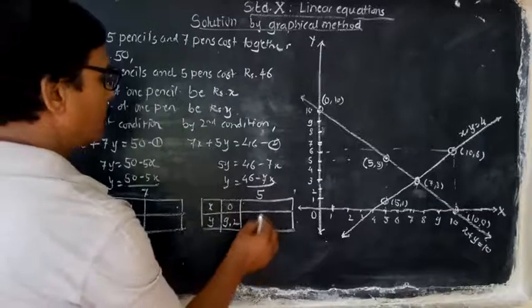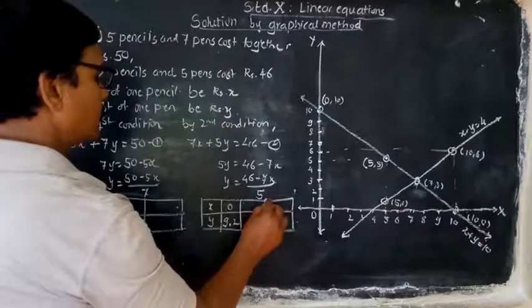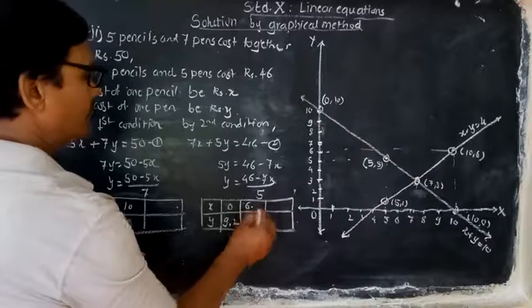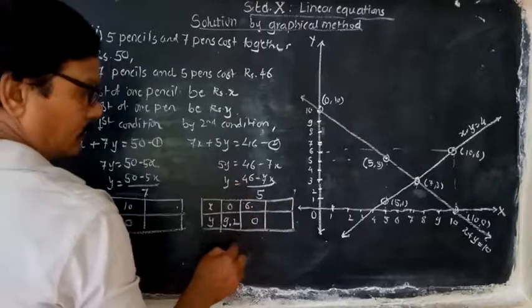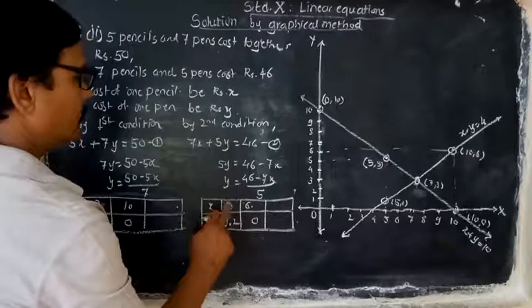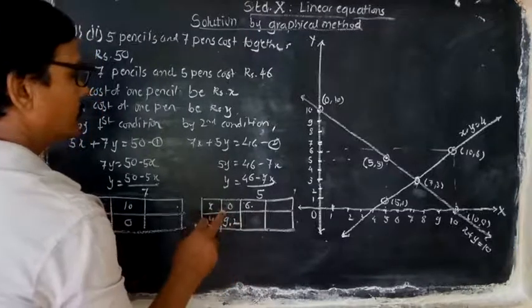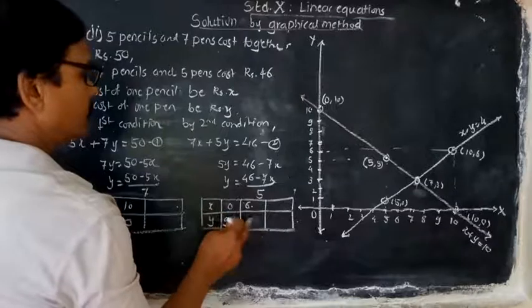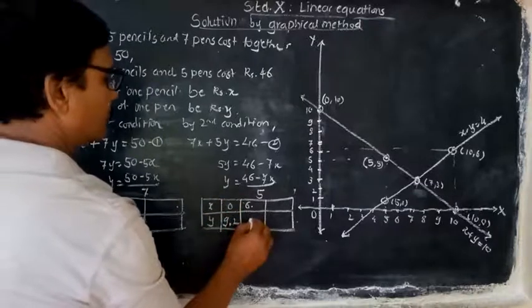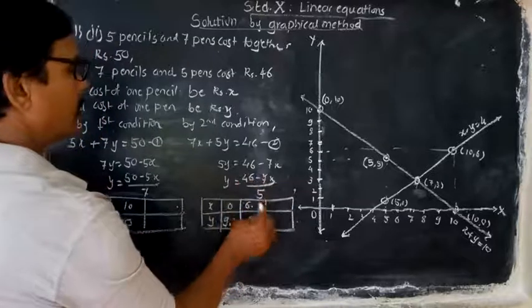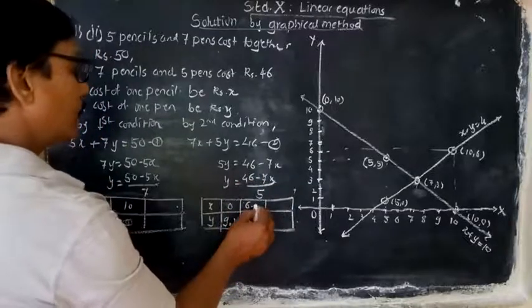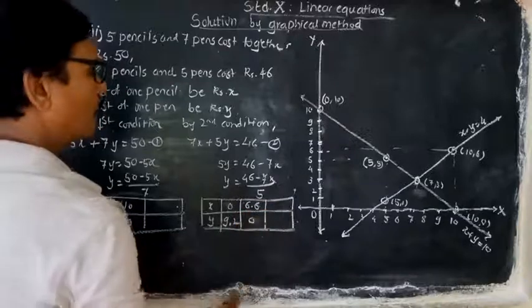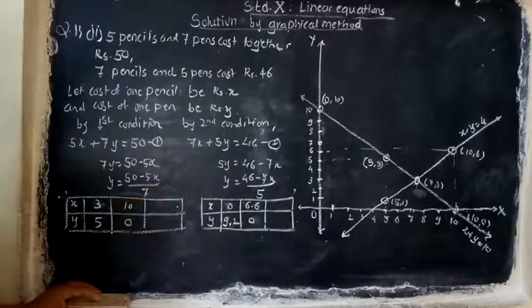If we take y is equal to 0, then x will be roughly 6.6. Now from this we will draw the graphs.